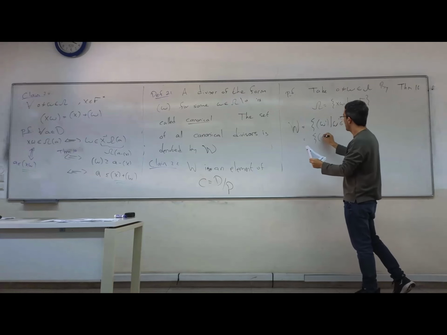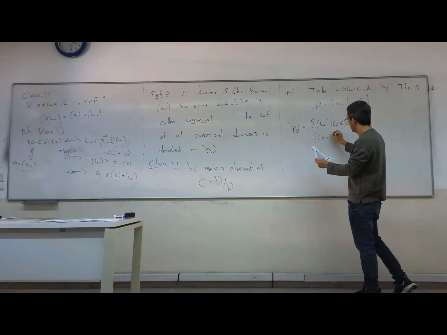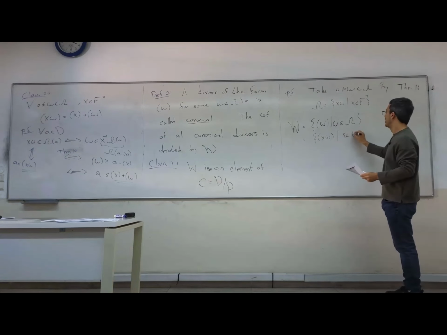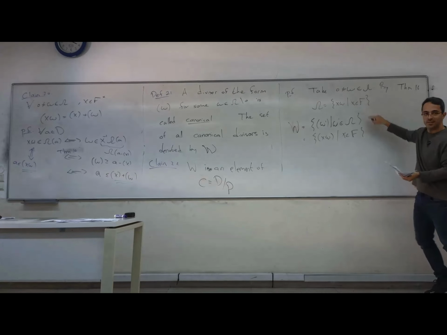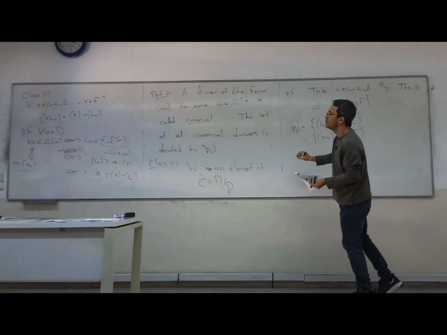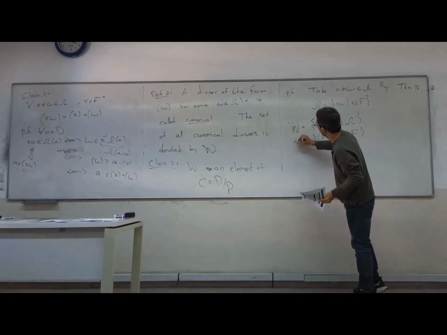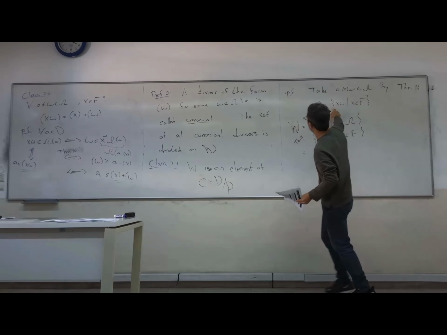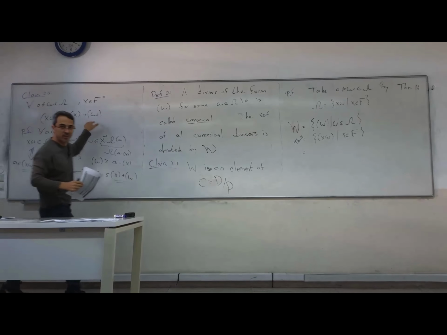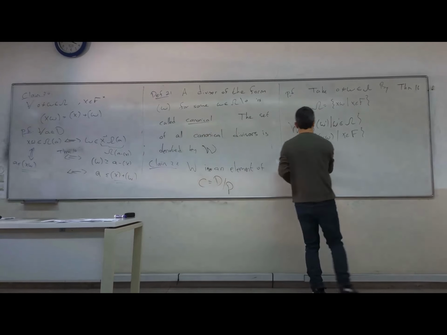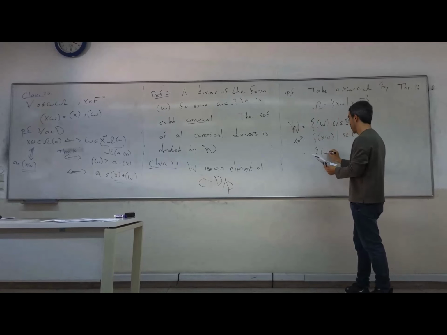It's kind of one-dimensional. And then I can split the divisor of x omega into the divisor of x plus the divisor of omega. Maybe I write it as omega plus x.